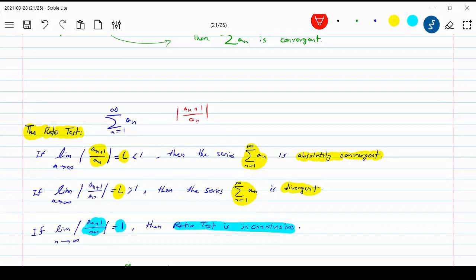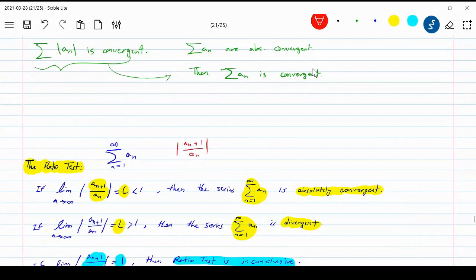The proof of this ratio test is basically that you can say an plus 1 divided by an is some number r, less than 1. You can create this fact that an plus 1 is less than r times an, and then you can do r squared an minus 1, and so on.